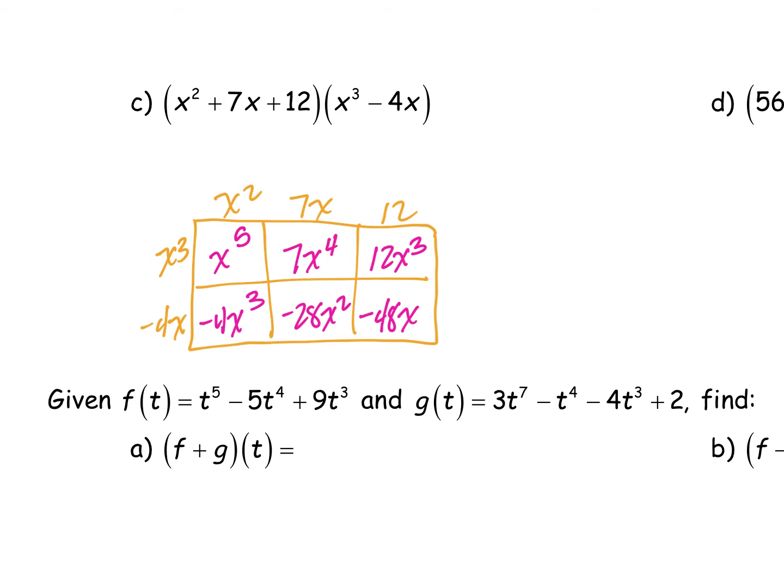Then my like terms, I only have one set, which is my x cubes. So my answer is x to the 5th plus 7x to the 4th plus 8x cubed minus 28x squared minus 48x.